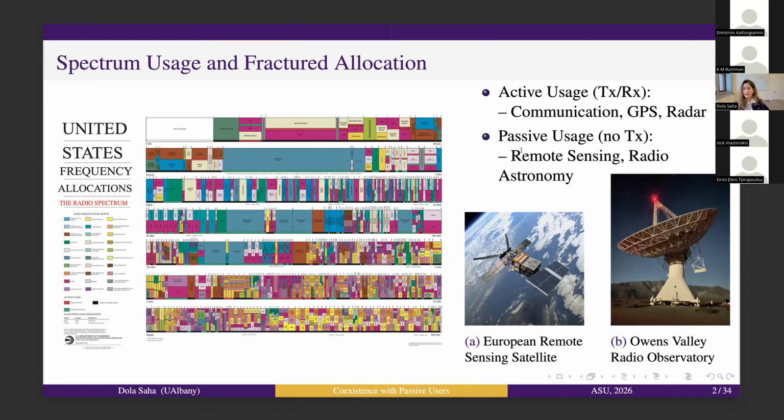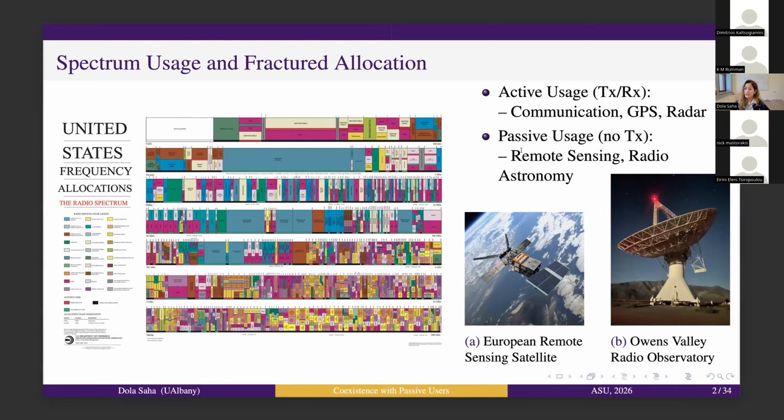Active is basically where you have the transmitter actually present, transmitting communication. We all use mobile phones that transmit and receive signals from base stations. GPS, we all use GPS. Radar, all of these are active transmitters.